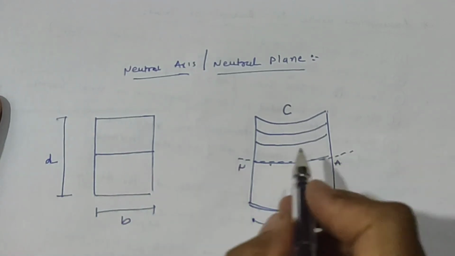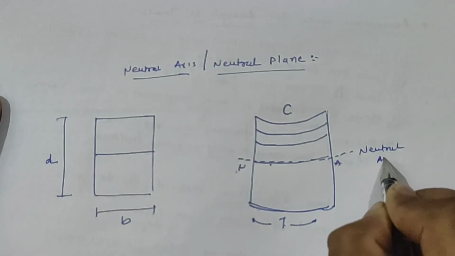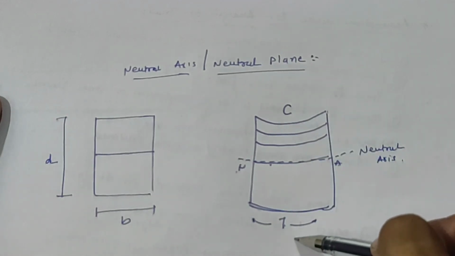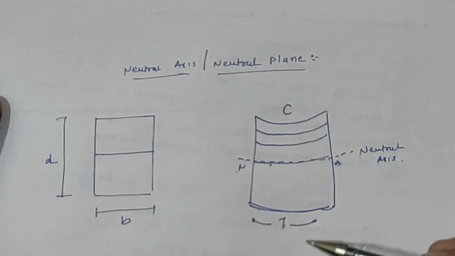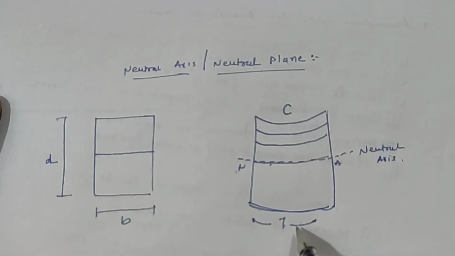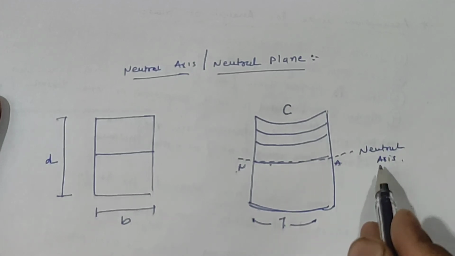The neutral axis is defined as the axis passing through the zero compression and zero tension line of a sectional bending part of the given beam after loading, where the top is in compression while the bottom is in tension. The neutral axis passes through the CG of the section in most cases, at distance d by 2 for the rectangular section as shown in the figure.